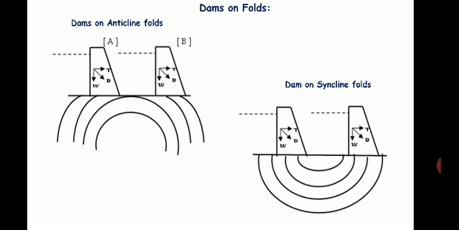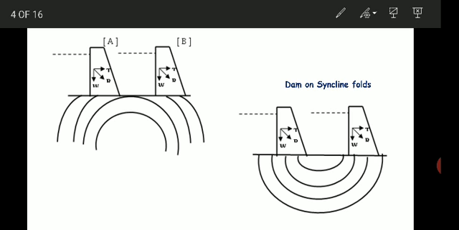Okay, you can construct the dam if you take the proper actions. So here there are two cases: one is dam on the anticline fold and the other is dam on the syncline fold. First we'll discuss the dam on anticline fold.